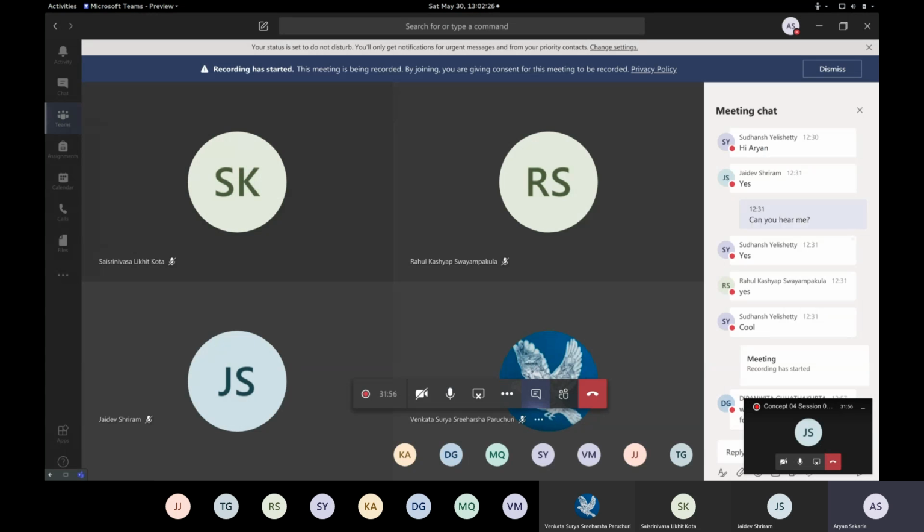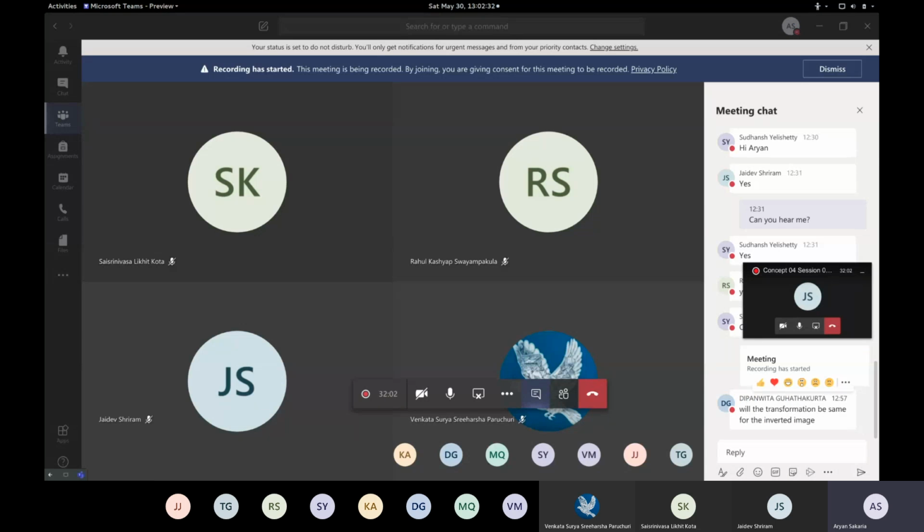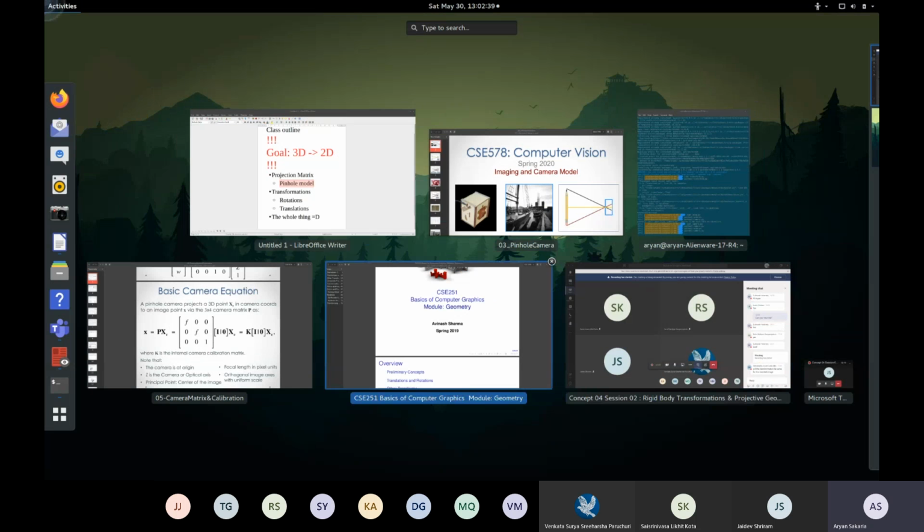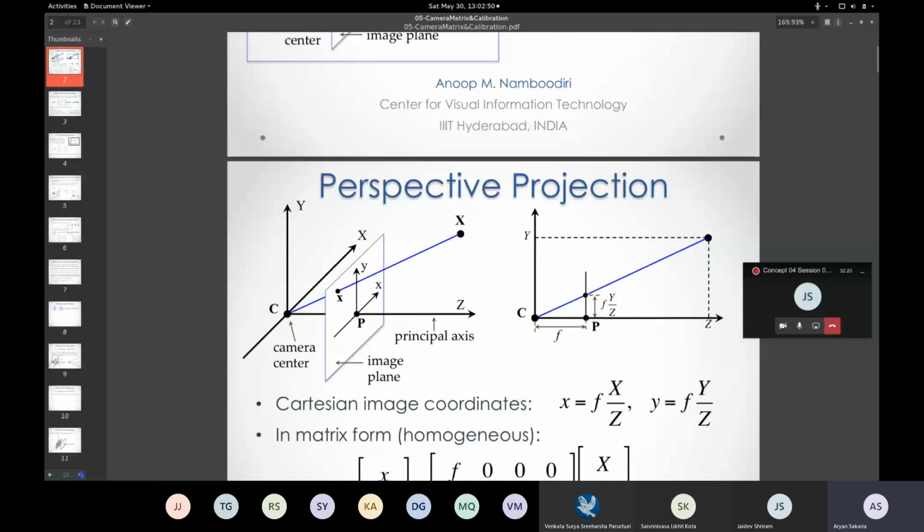Okay, there's a question. Will the transformation be the same for the inverted image? I don't exactly get your question. There's no geometric transformation happening right now. This image is the same as the inverted image because of similar triangles.